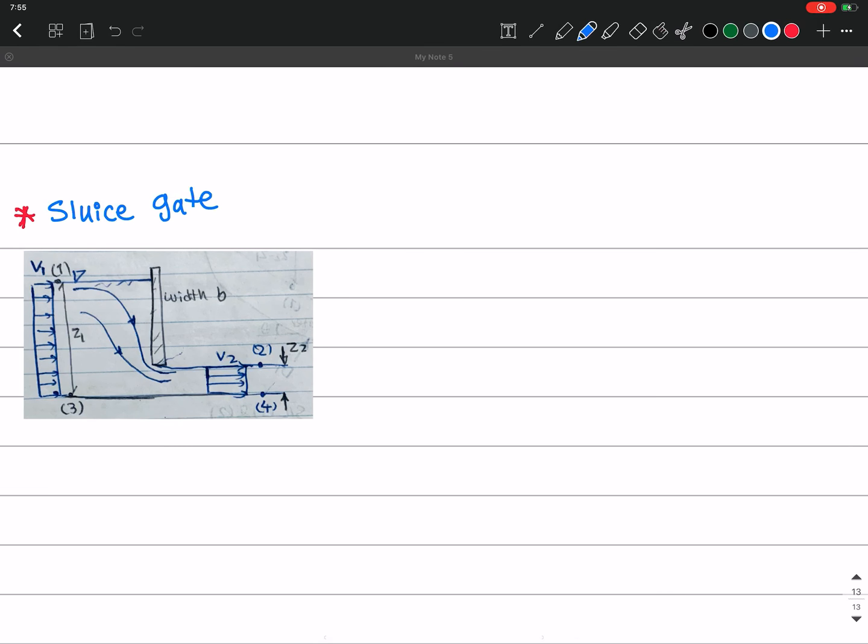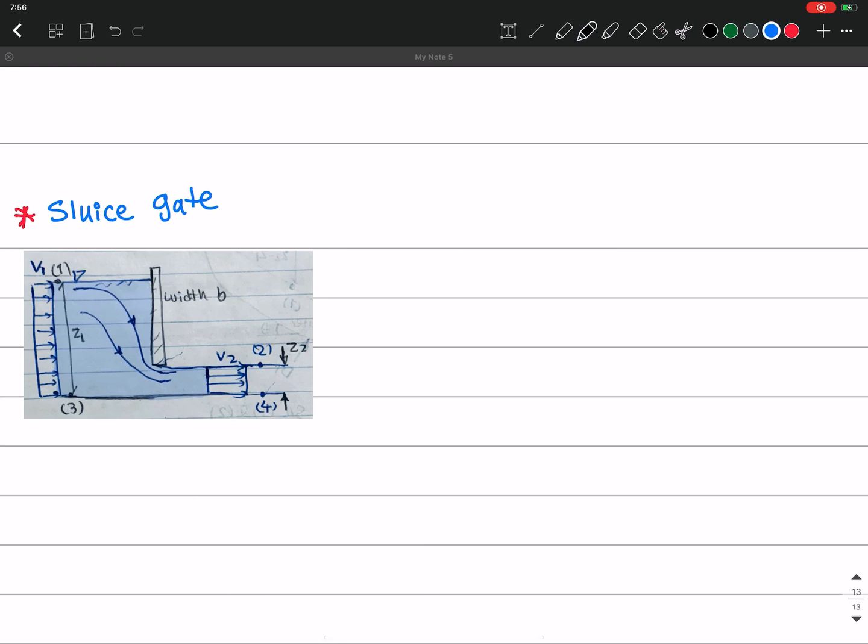so here we have a slice gate that is, for example, we have like a dam or something, or even it could be an open channel flow. We have some water here, and then the gate at the top of this water is moved upward, and then the water is released from the bottom, from under the gate.